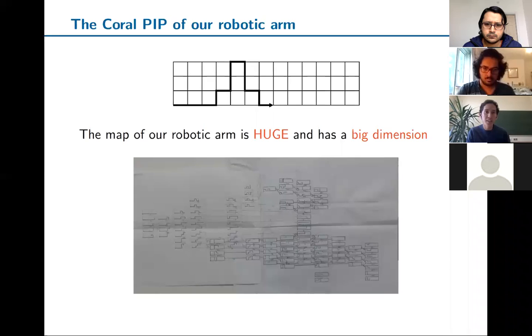So let me give you an example. So this is an example of the map of a robot of length 7 and width 2. And this was drawn by one of the students in this project, and he was actually running out of paper. So he had to glue several pieces of paper together in order to be able to draw this map.